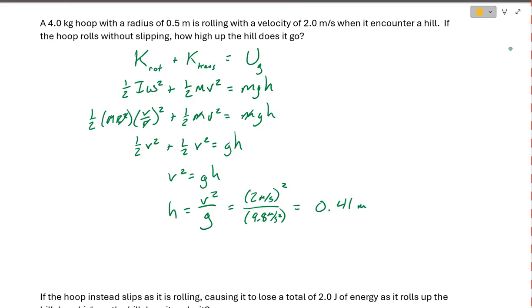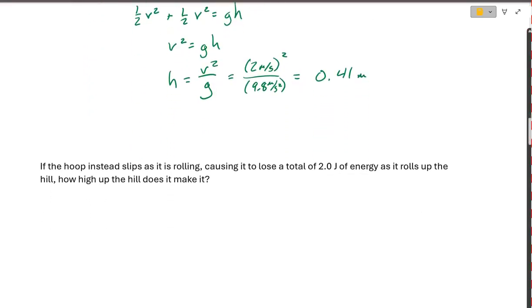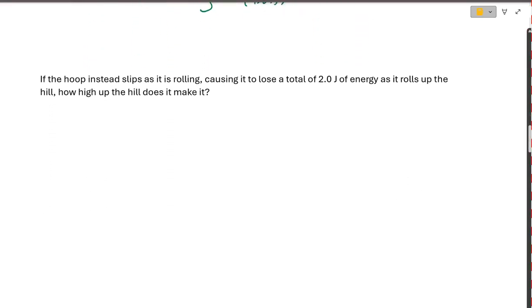Okay. If instead the hoop slips as it's rolling and we lose a total of 2 joules of energy as it rolls up the hill, how high does it make it now? So, to start, what type of energy do I have? Translational, yeah.